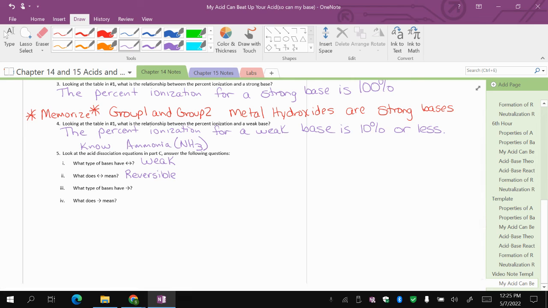If it has an arrow just in one direction, it's a strong base. And it means the reaction goes in the forward direction. It's not reversible.